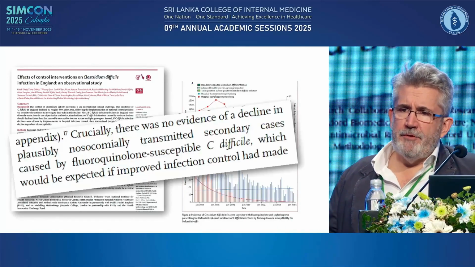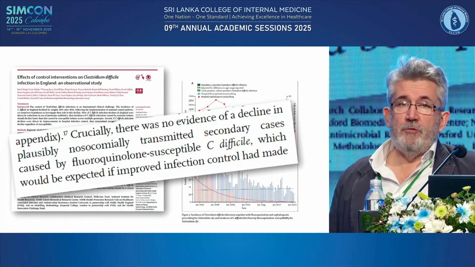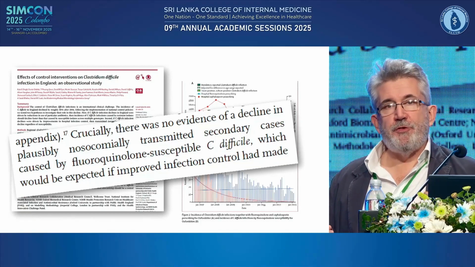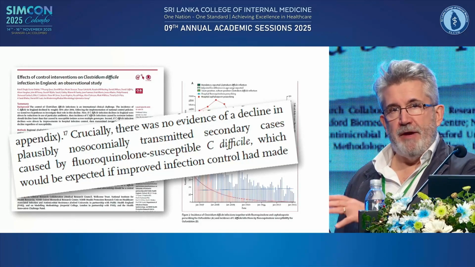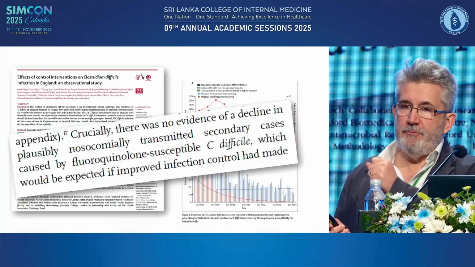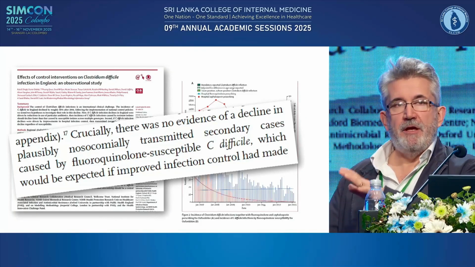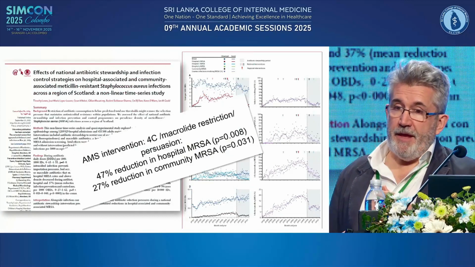And then around the rest of the UK, we found that these kind of antimicrobial stewardship initiatives were the things that were driving down C. diff. So it wasn't because infection control measures were doing it. It was the control of the antibiotics. The better use of antibiotics led to less C. diff. And also, it wasn't just us.